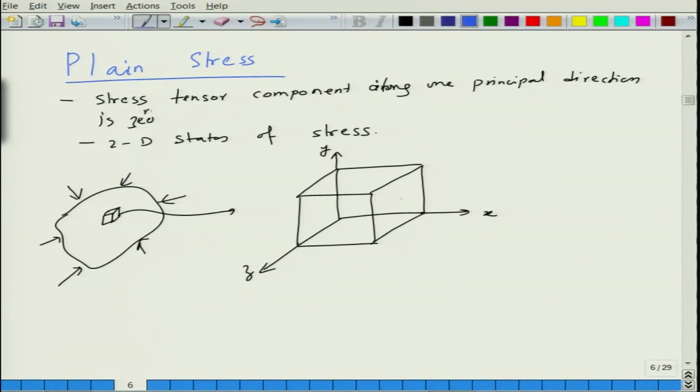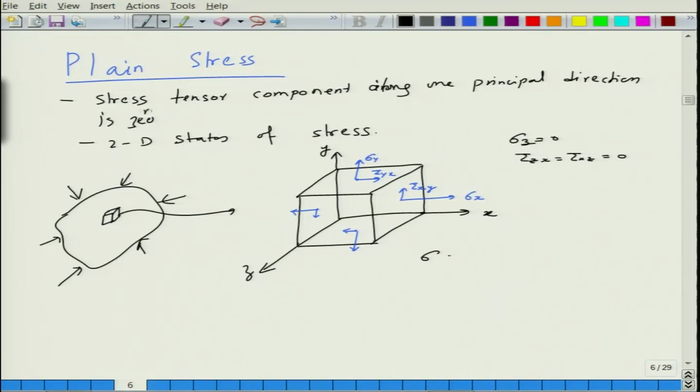So, we have sigma x, and then we have tau xy, and we have sigma y, and we have tau yx, and similarly you will have components along this as well. And another thing that you notice, sigma z is equal to 0 here, and tau zx is equal to tau xz, that is also equal to 0.